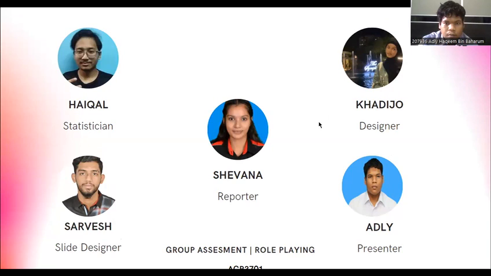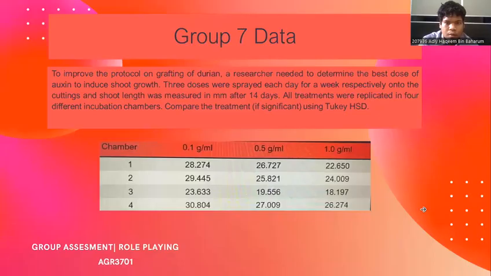So this is the data for the question that we got for this assignment. The question goes as: to improve the protocol of grafting of durian, a researcher needs to determine the best dose of auxin to induce shoot growth. 3 doses were sprayed each day for a week, respectively, onto the cuttings and shoot length was measured in millimeter after 14 days.